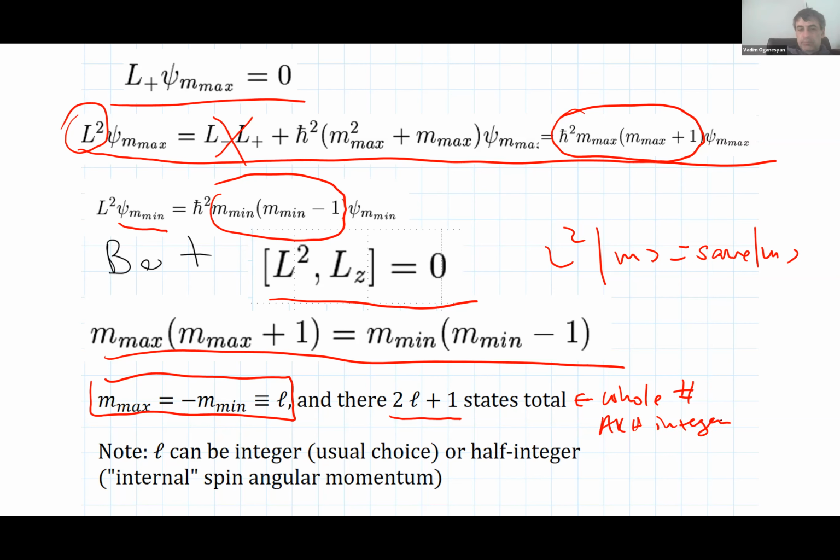And so one way to get an integer is to say that L is an integer. But L can also be half, 3/2, and so on and so forth. It turns out we're not going to get a chance to get into this.